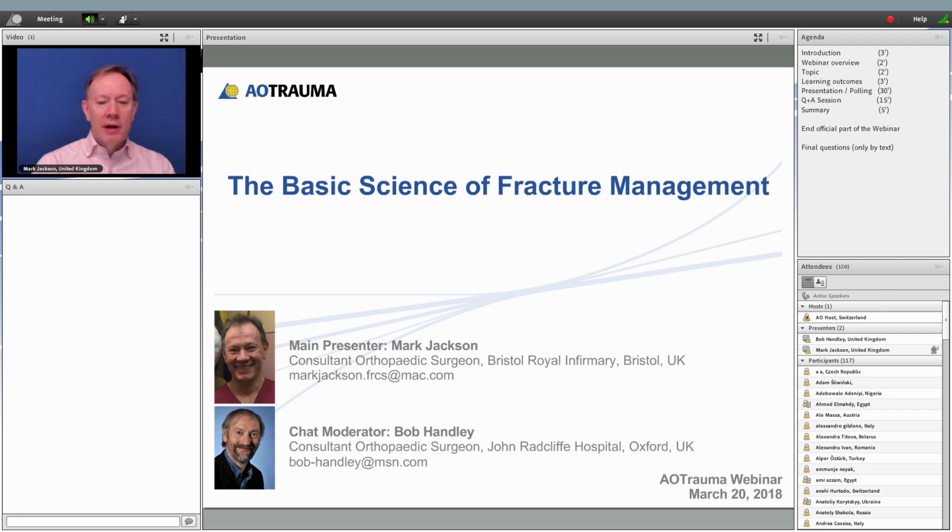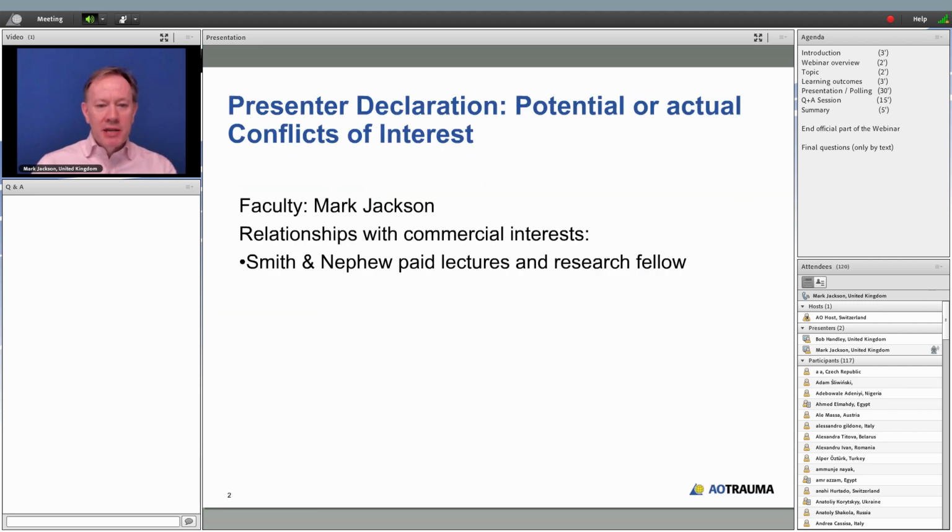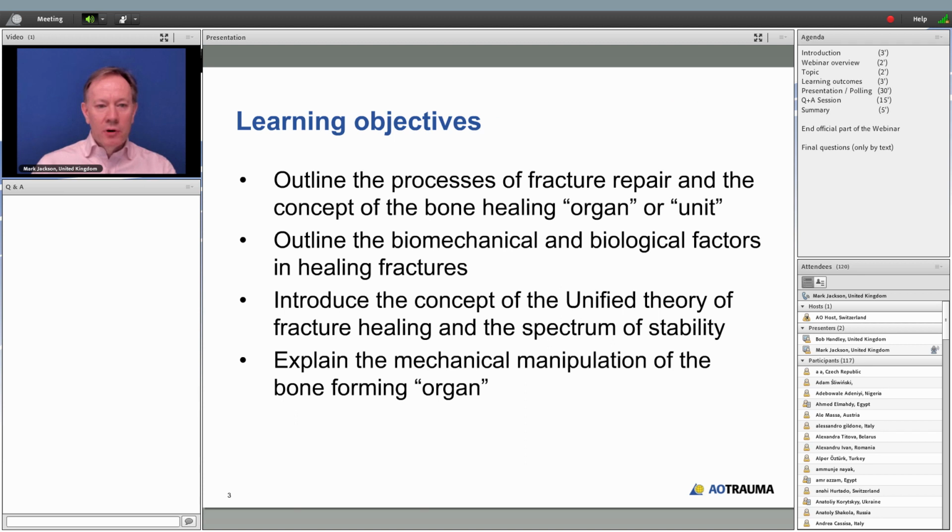Okay, thanks, Bob. We're going to be going through the basic science of fracture management. I'll just lay out my disclosures first of all and move on to the learning objectives. So I'll be introducing a number of concepts to you, one of which is the bone healing organ or unit and how that's involved centrally in fracture repair.